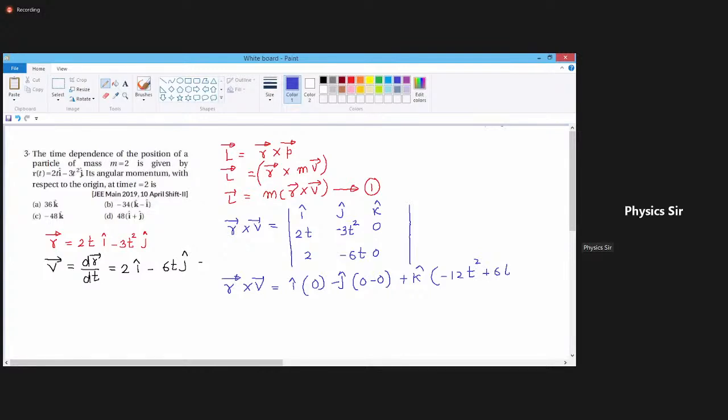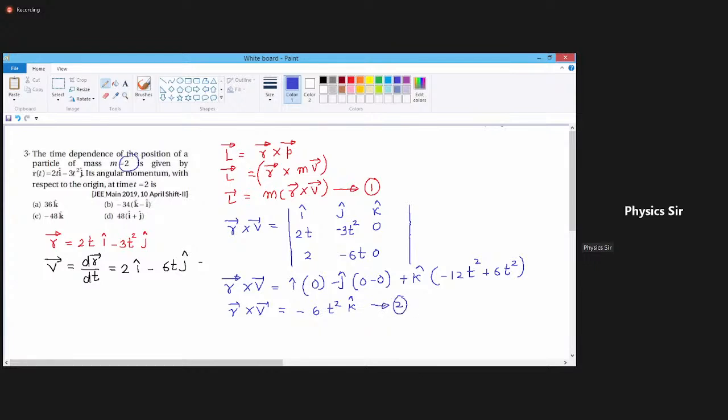Minus and minus will become plus, plus 6t square. Therefore, this vector r cross vector v will be 0 and 0. This is minus 12t square plus 6t square, which will be minus 6t square k cap. That is equation number 2.